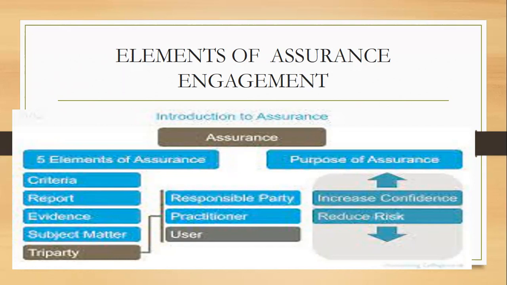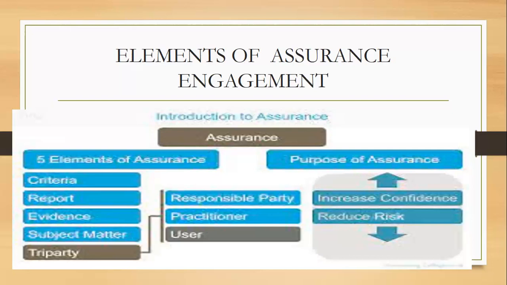So the first, let me start from the last now, is the tripartite, right? It is a three-party relationship. I've talked about that when I started. So at one hand, you have the responsible party or the agents that is preparing the reports, that is making assertions.